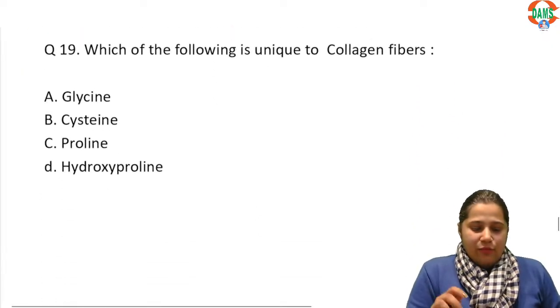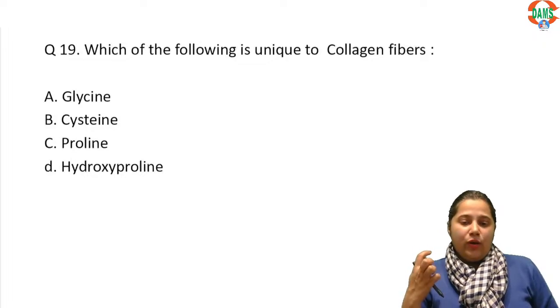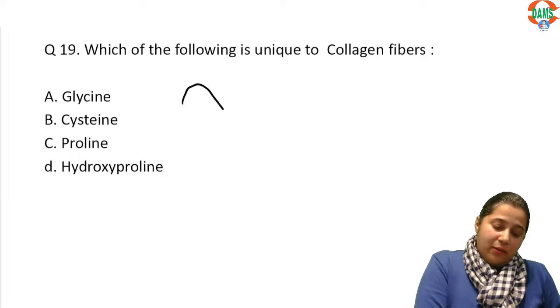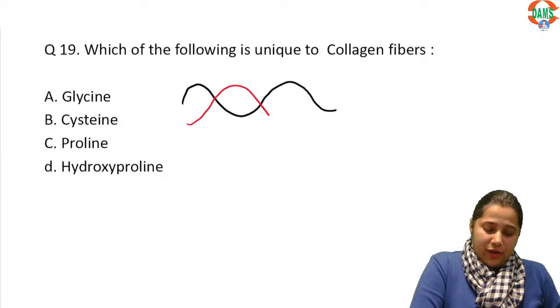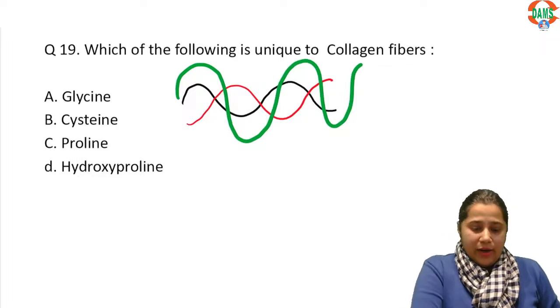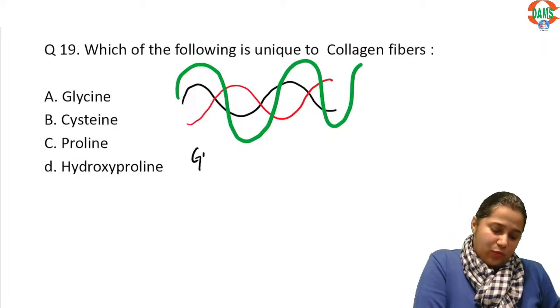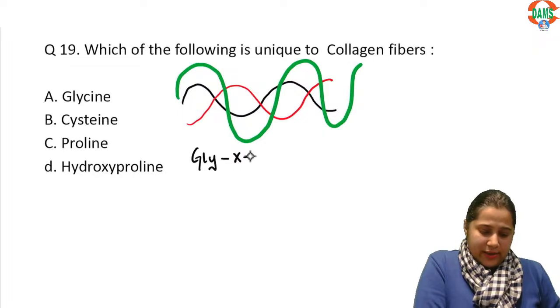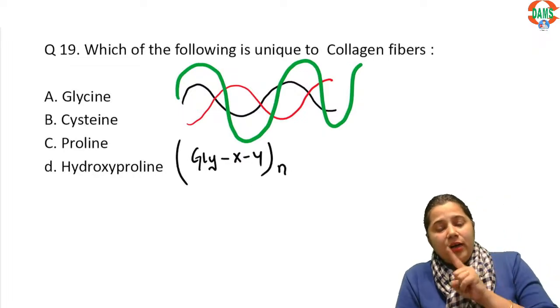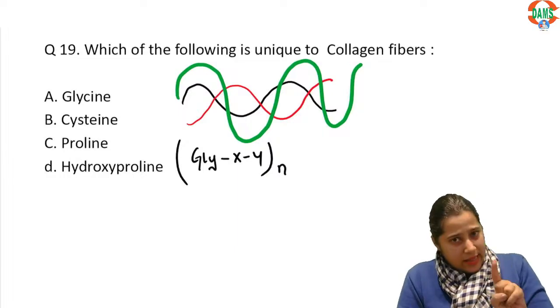Question number 19. Which of the following is unique to collagen fibers? Collagen is a triple helix. You have 3 helices. Each of these helices is made of glycine-X-Y like that. That means we can say that every third molecule in collagen is glycine.